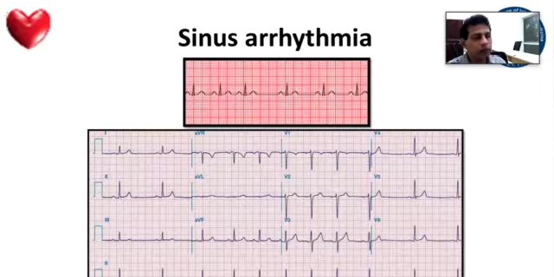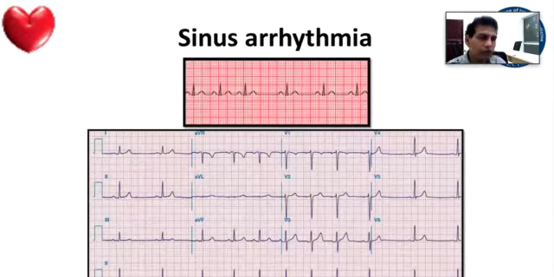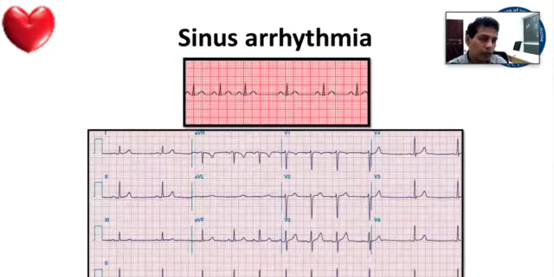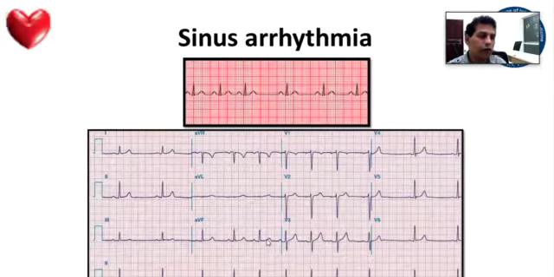But this patient is in sinus rhythm, and this is sinus arrhythmia, which is a physiological phenomenon. This is due to the increased heart rate during inspiration. So in young adults, you can see the sinus arrhythmia. It's not a disease condition, it's a physiological phenomenon.